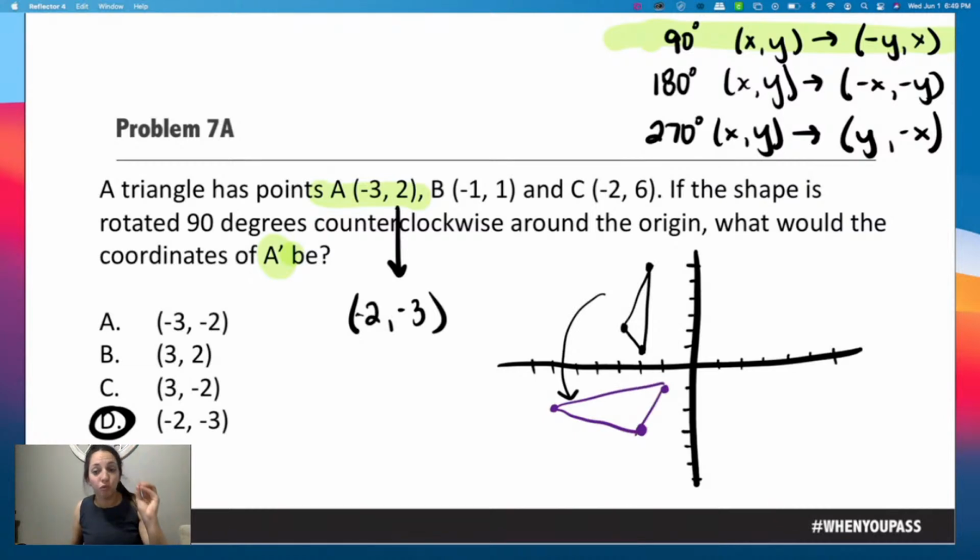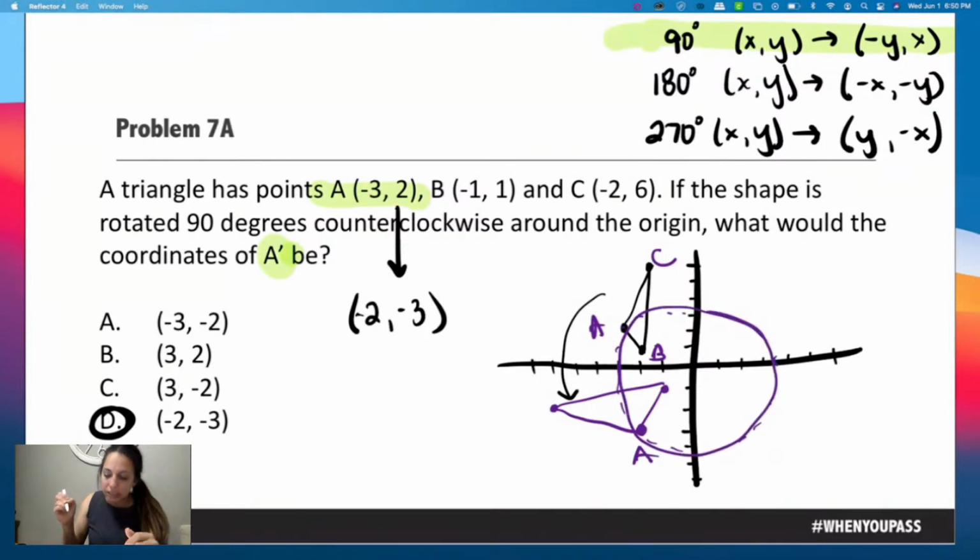Now, I'm going to get real fancy with you. If I were to draw a circle around the origin, this was A, this was B, and this was C. If I were to draw a circle that was centered around the origin, you would see the points hitting that.